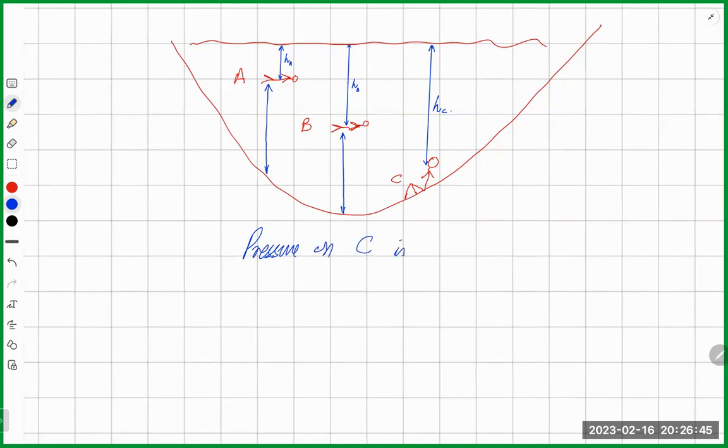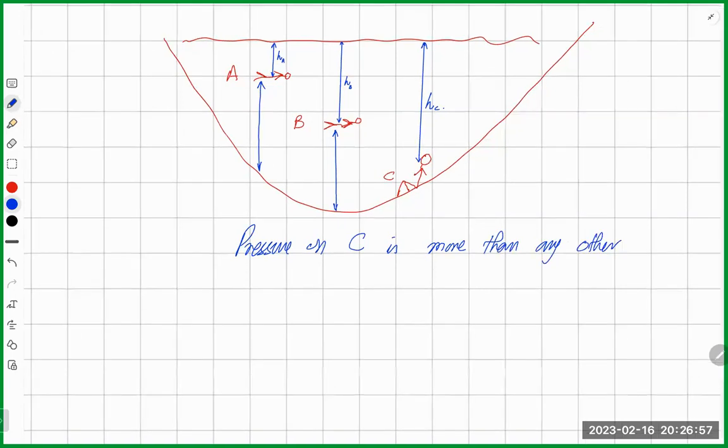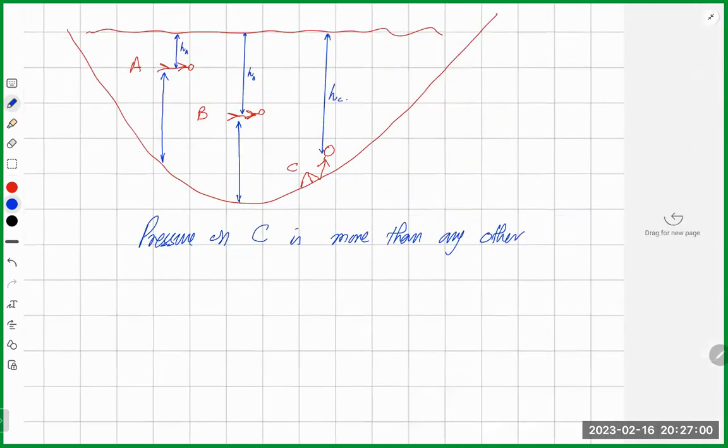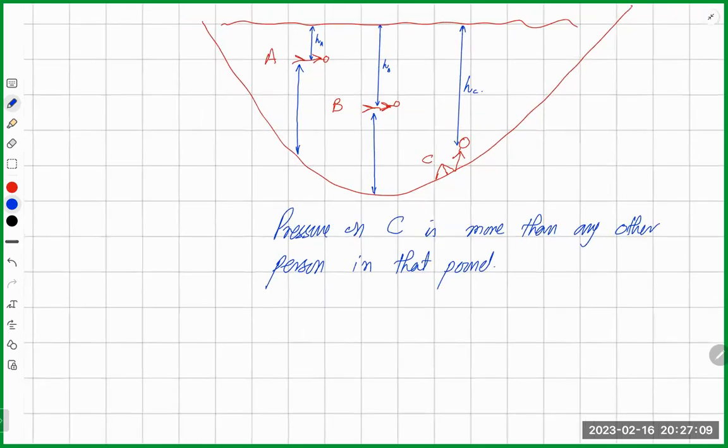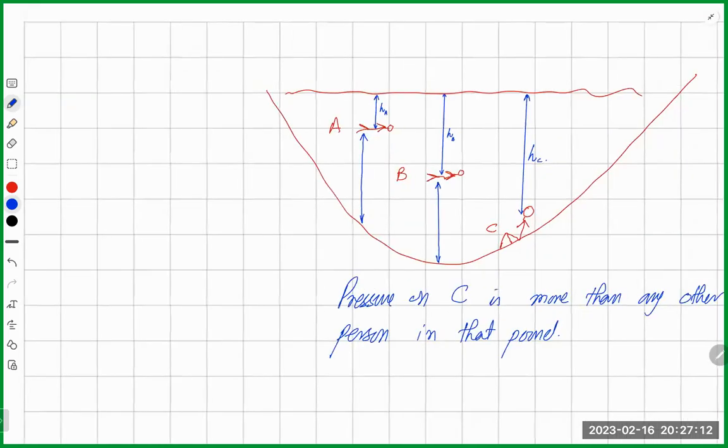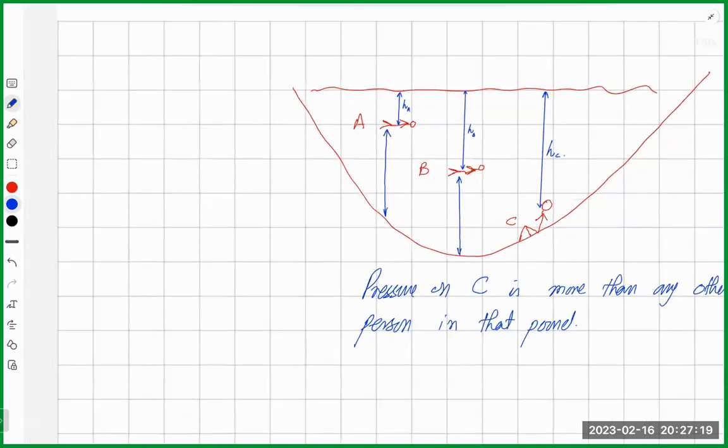Pressure on C is more than any other person in that pond. Okay, so A is under least pressure, C will be under maximum pressure.